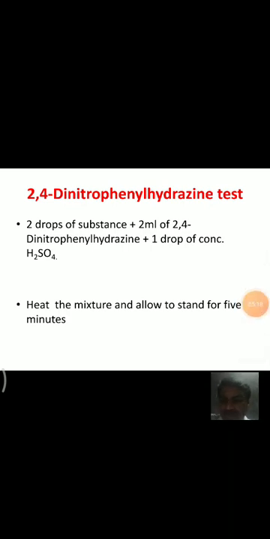The presence of concentrated H2SO4, that is acidic condition, facilitates the reaction. That means, first of all, 2 drops of the substance are taken in a clean and dry test tube, and adding 2 ml of 2,4 dinitrophenylhydrazine, we have to add 1 drop of concentrated H2SO4.